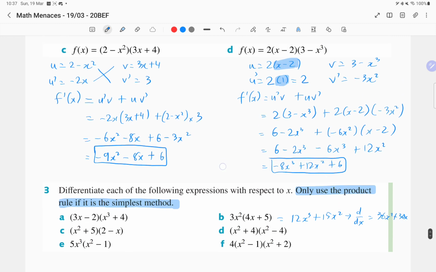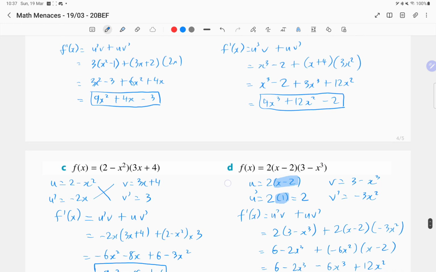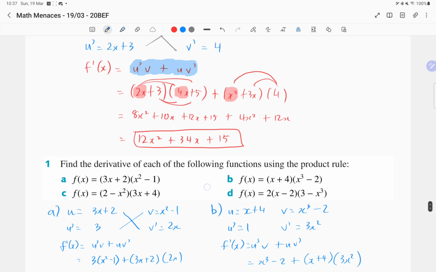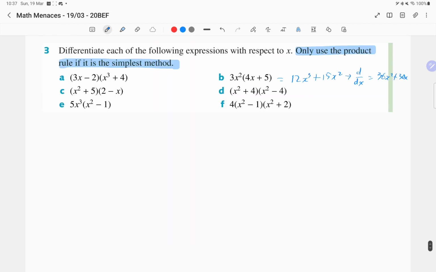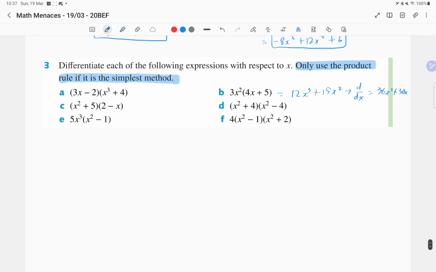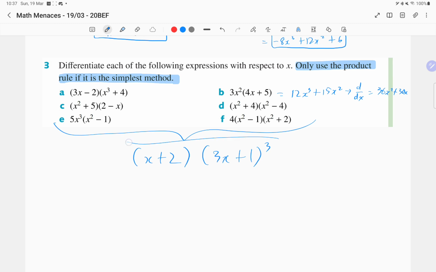Technically, even for these ones you don't need to use the product rule if you want to expand it. But what's the difference between these questions versus a question that looks something like this? Would you use the product rule on this, or would you expand?